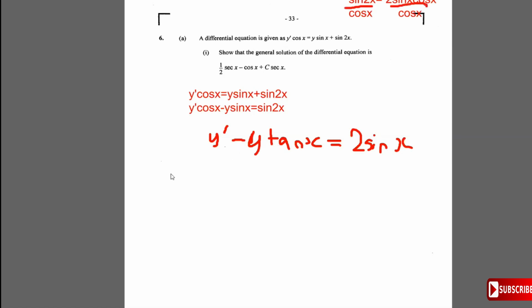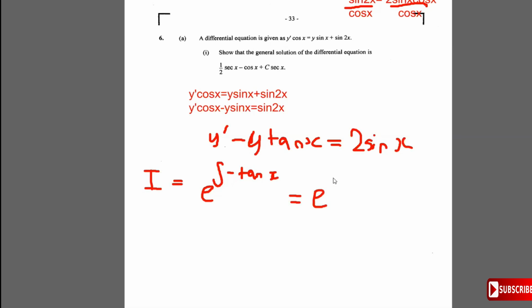So now we need to find the integrating factor I. The integrating factor I is equal to e to the integral of minus tan x. So it's e to the integral of minus tan x. And the integral of minus tan x is going to be equal to, when you integrate tan, you get ln sec.